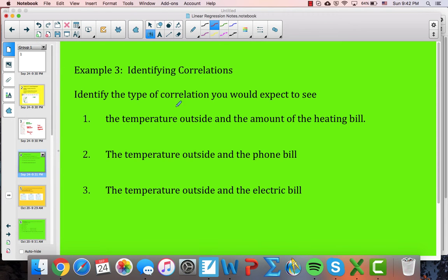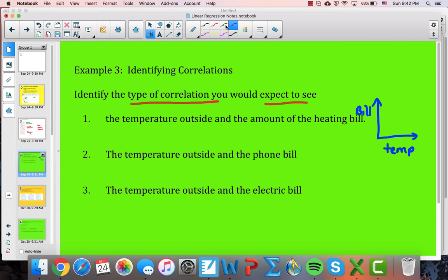All right, so let's identify correlations. Let's think about what type of correlation you might expect to see. So the temperature outside and the amount of your heating bill. So I'm actually going to just draw a quick y-axis for myself. And so if the temperature, let's put the temp here and the bill price here, okay?